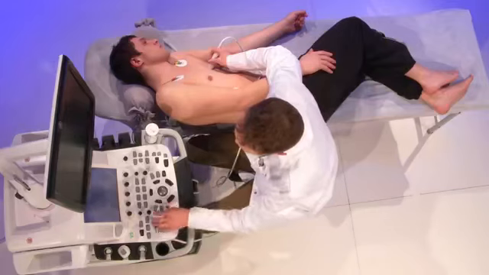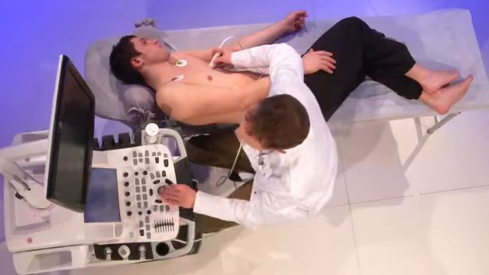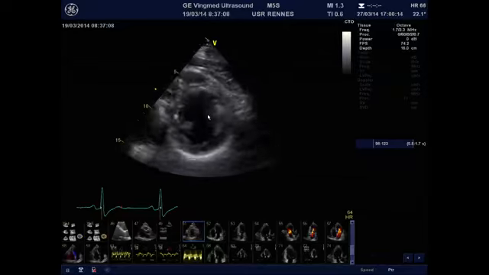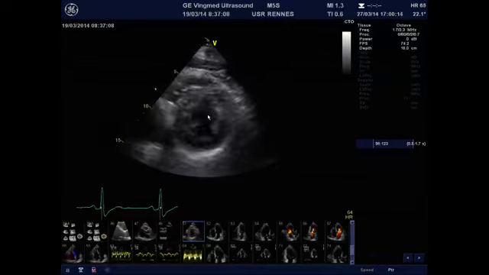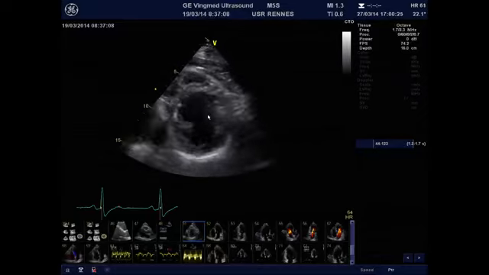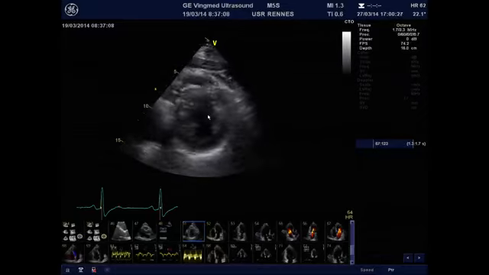Then we will move to the parasternal short axis view, and on this view we will be able to assess the global LV systolic function visually, and also check the regional function to make sure that there is no heterogeneity between each segment of the LV.